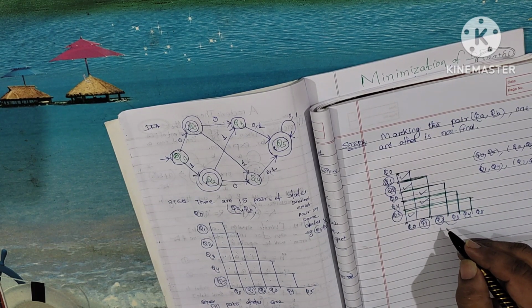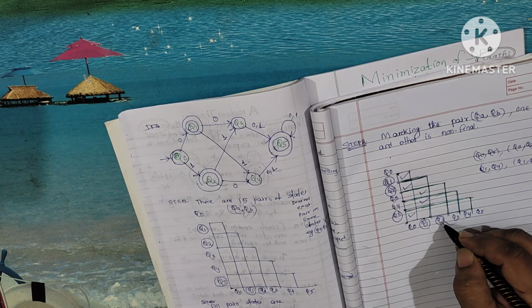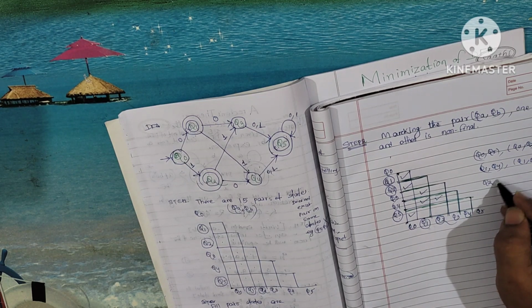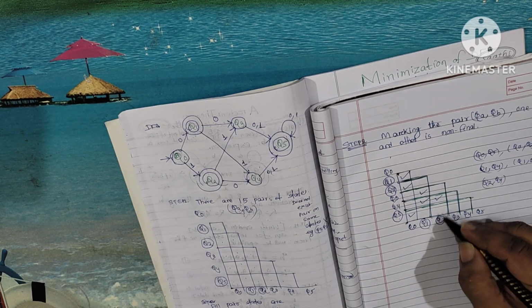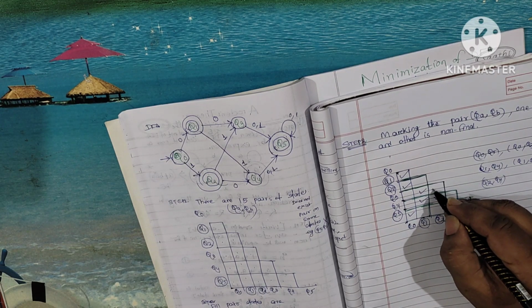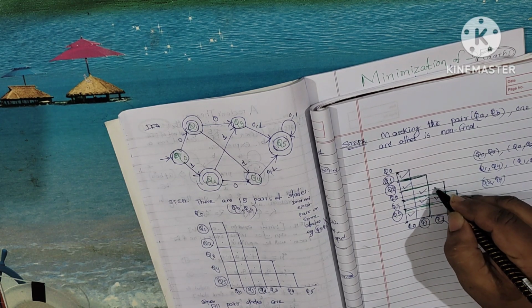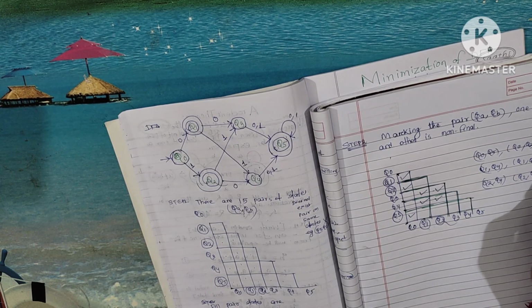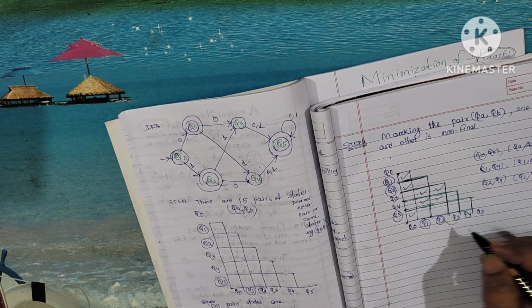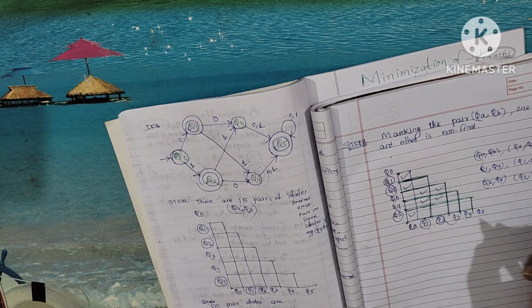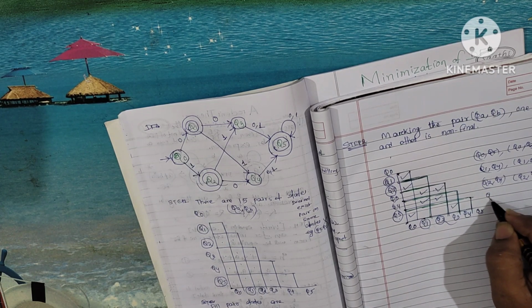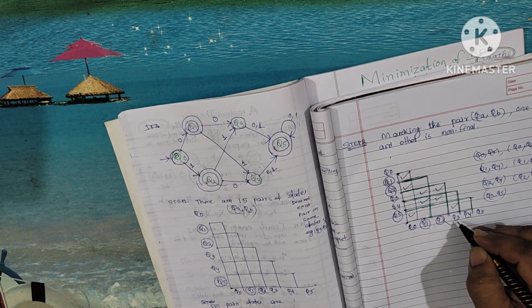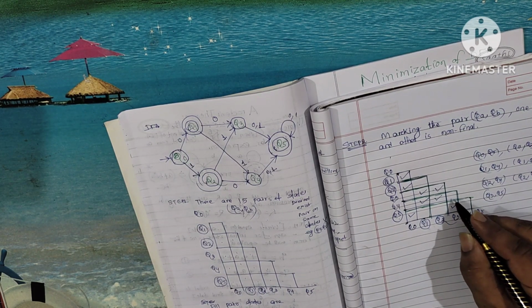Now we go to the third column: Q2, Q4; Q2, Q3. Similarly, in the fourth column: Q3, Q5 and Q3, Q4.